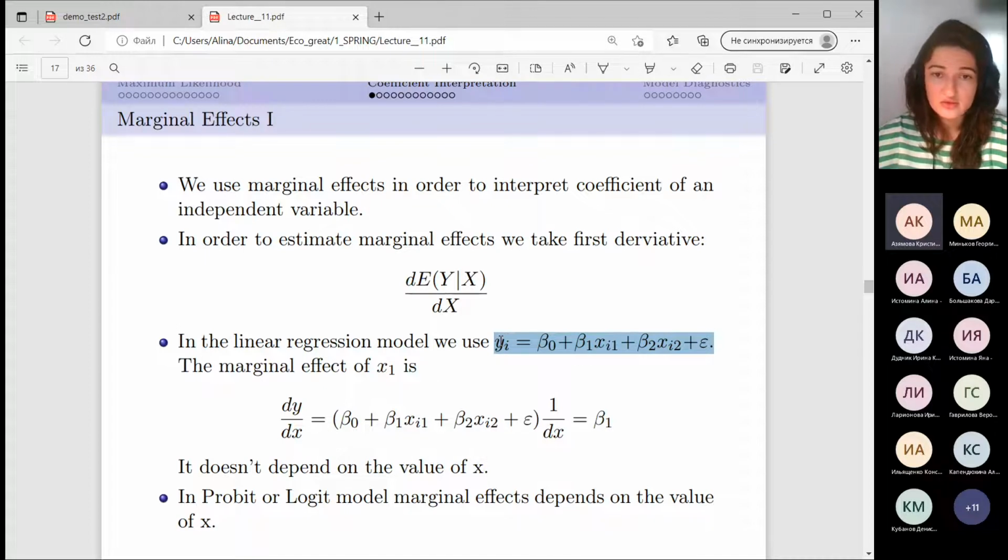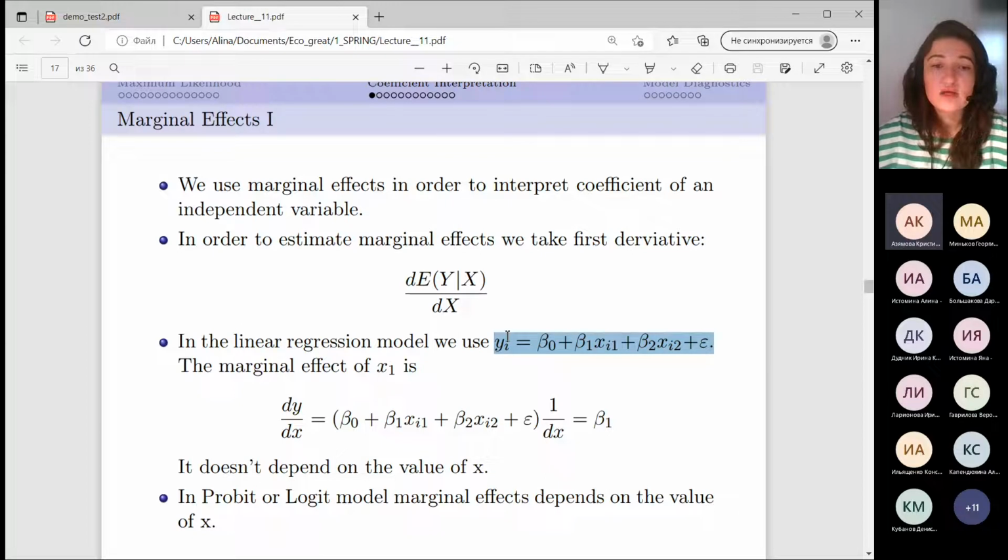Just to remind you again, this is a linear regression model. It means that you just need to estimate beta 1 or beta 2, if we want to find the effect of the variable x2 on the dependent variable.